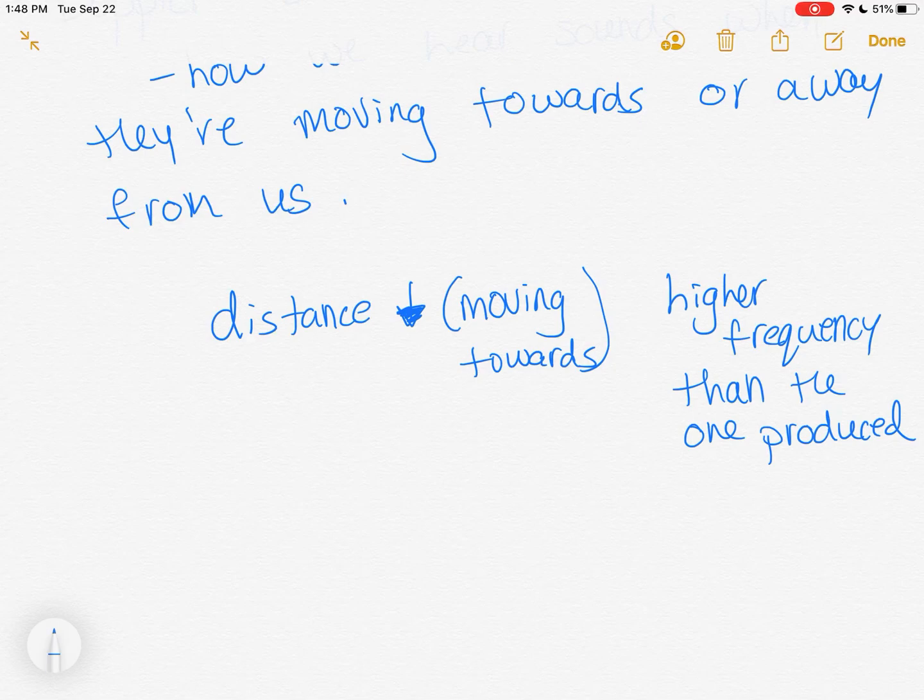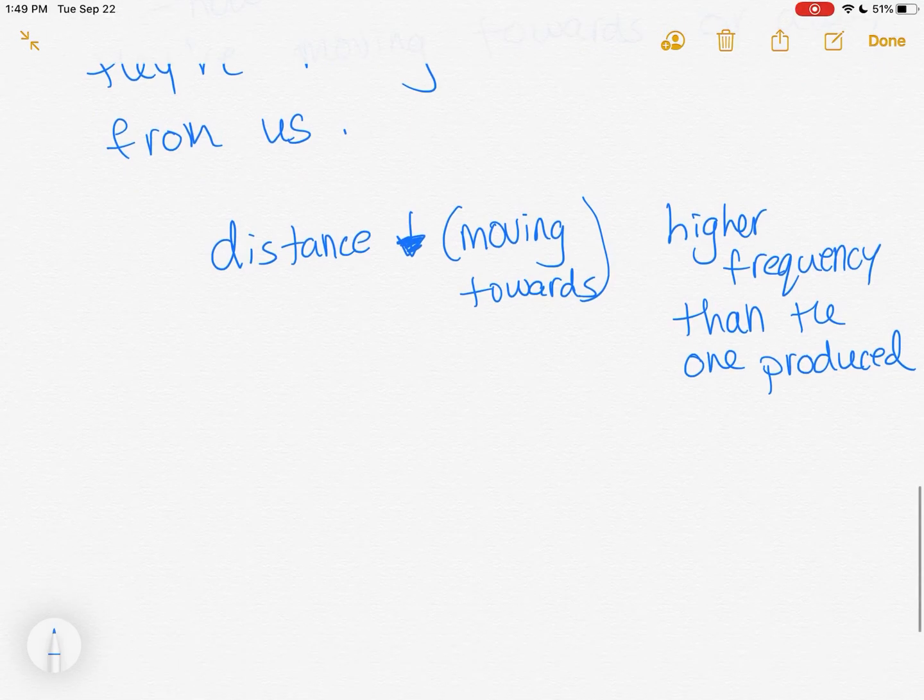So if the ambulance is moving towards you, or if you're moving towards the ambulance, you are decreasing your distance between you and the ambulance. And it doesn't have to be an ambulance, it could be anything that's making sound. You are going to hear it at a higher frequency than the frequency it's producing.